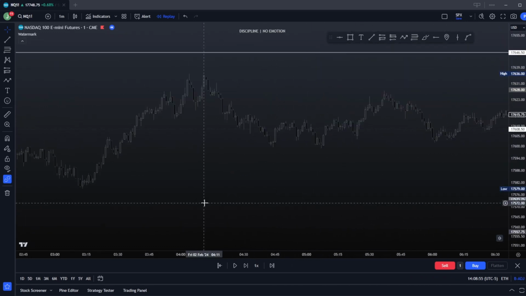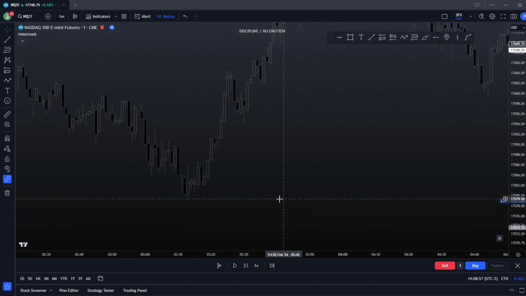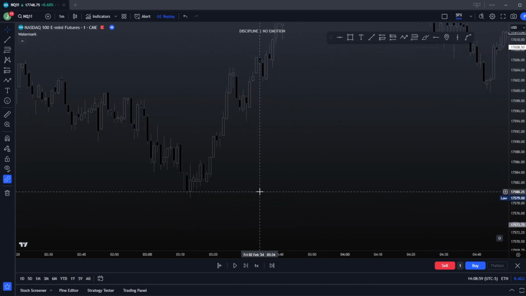But yeah, going back over here and going over fair value gaps. What fair value gaps fundamentally are, first you have to understand liquidity. What is liquidity? In order to have a buyer, you have to have a seller. You have to have buy orders and you have to have sell orders.